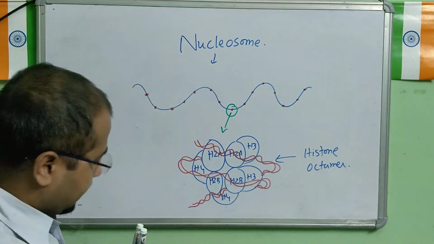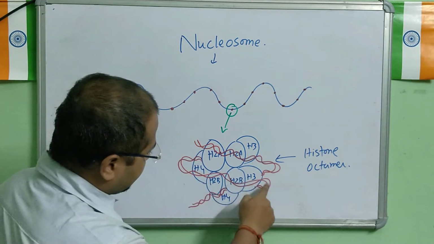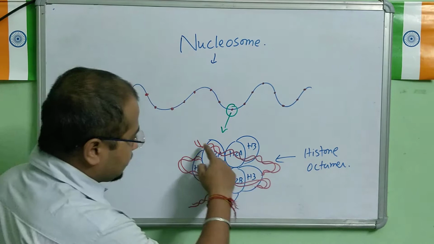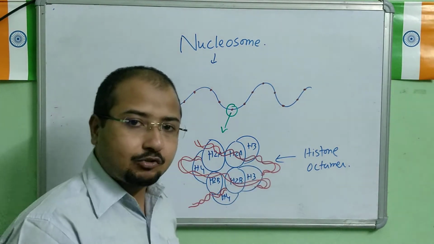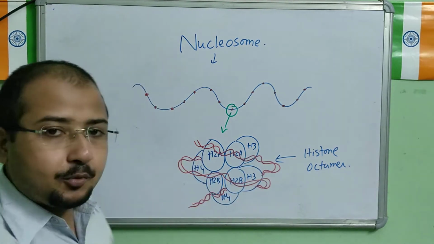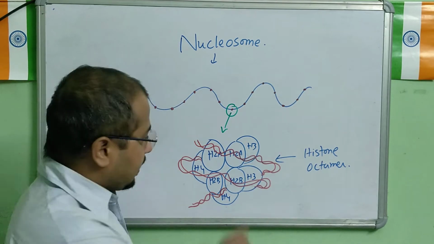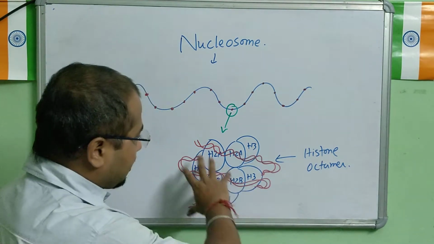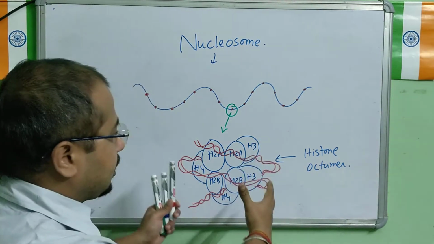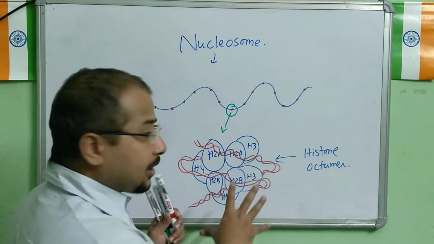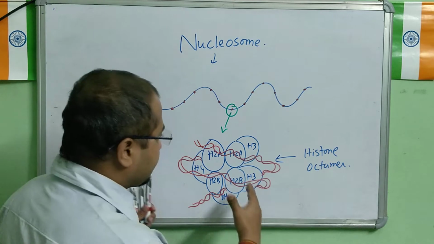You see here, this is the DNA thread; one single DNA thread starts from here, and this is the direction in which the DNA thread wraps around the histone octamer. I hope you understand from this diagram how a single DNA strand wraps around the 8 histone molecules. This histone octamer wrapped by the DNA strand is known as a nucleosome.